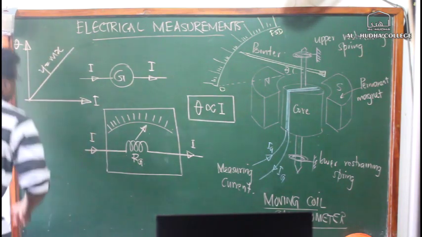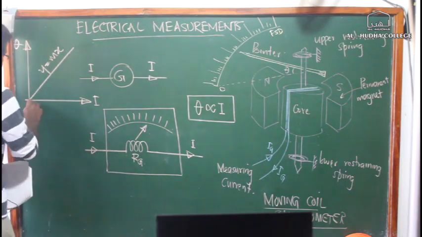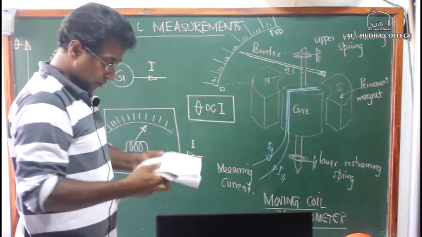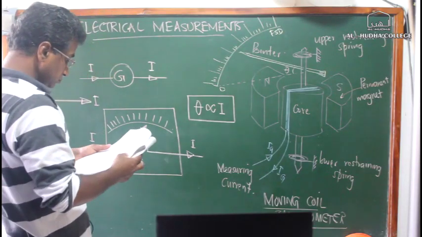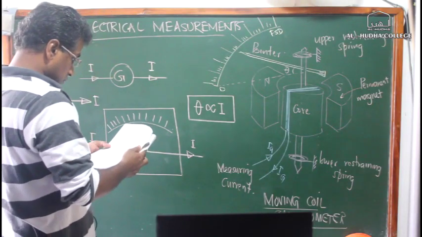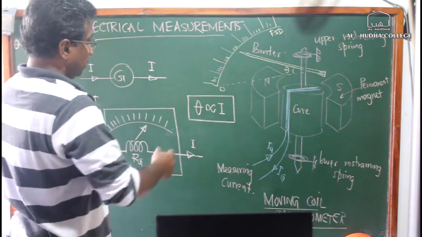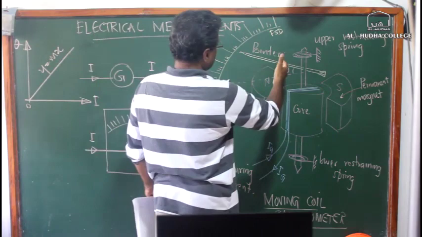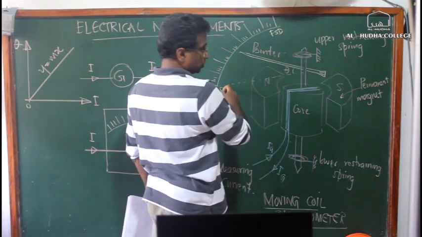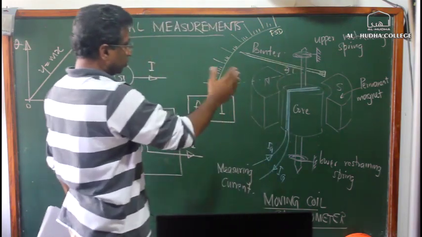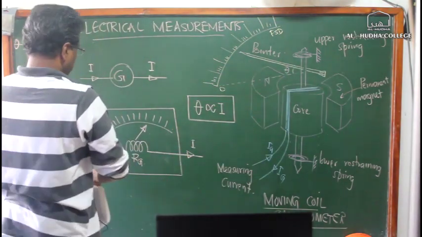So this kind of representation will be required when you do the structured questions. So depending on how we keep this pointer, whether it's from 0 or some other point, we can categorize galvanometers into two types.